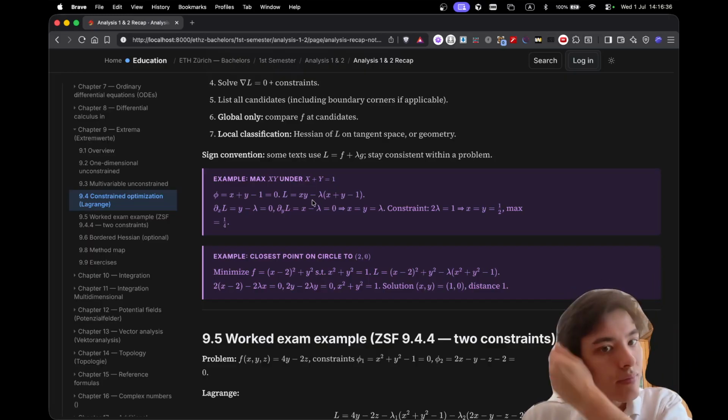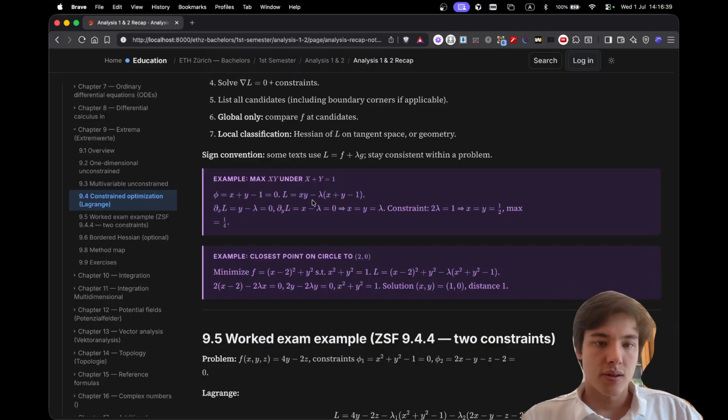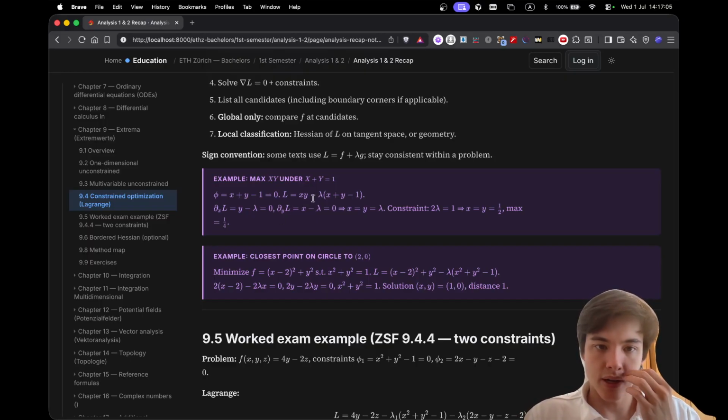Ah yeah, this constraint, and we have the function xy. So we have xy minus lambda of this. Then can do derivative with respect to x and derivative with respect to y.